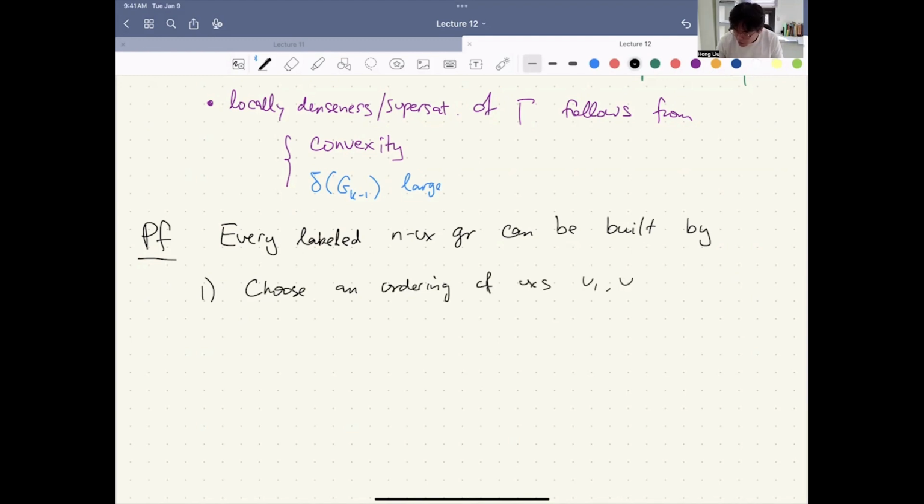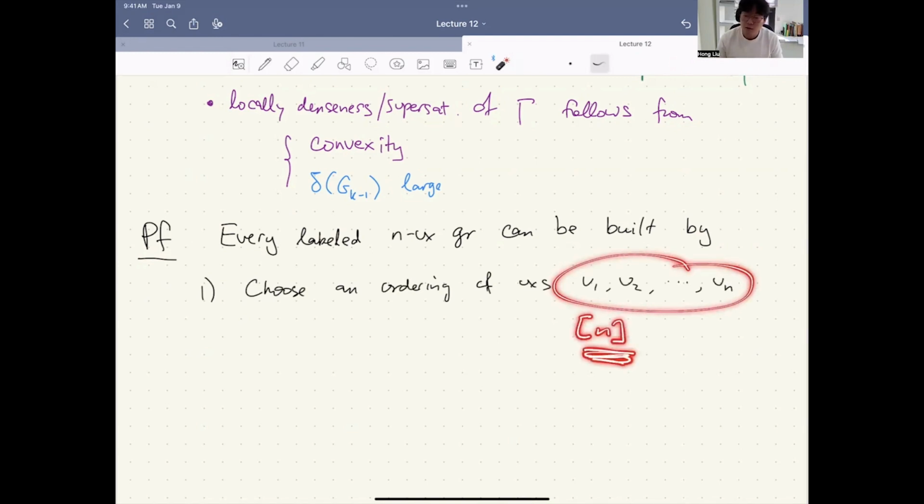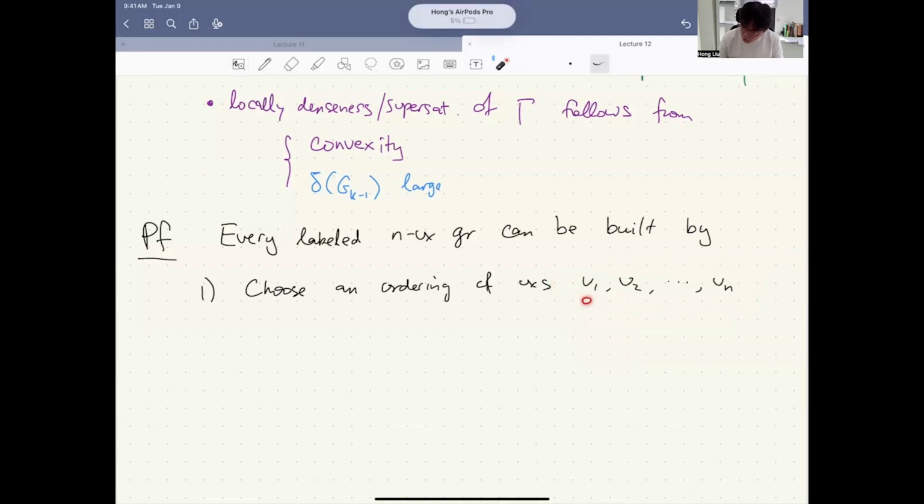Let's call it V1, V2, ..., Vn. This is an ordering of the first n integers, the labeled vertex set. Choose your possible ordering, and now we think of growing the graph by having V1 first, and then V2, adjacent or not, and then V3, where you choose the neighborhood of V3 inside the previous graph, and keep adding vertices.